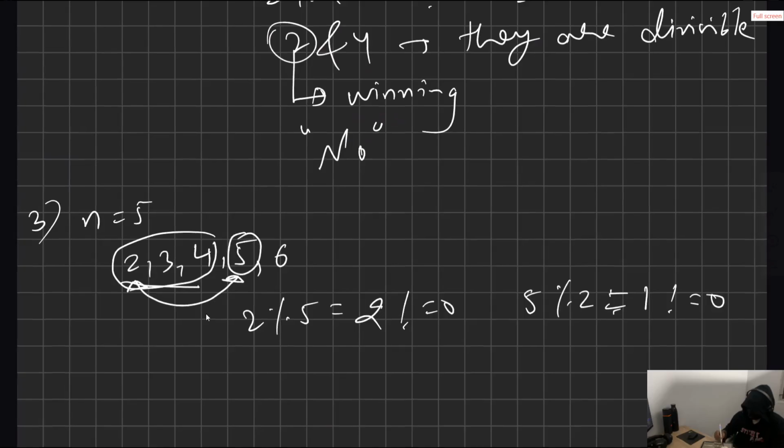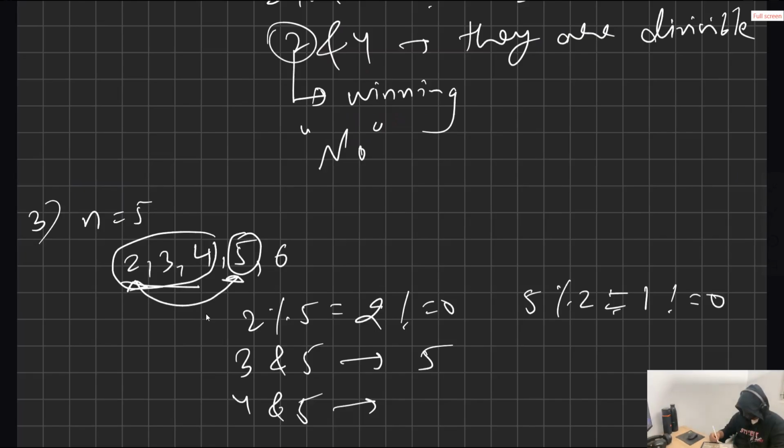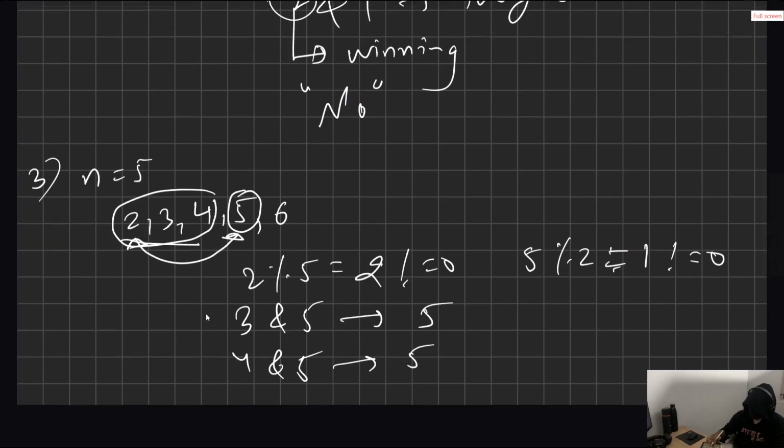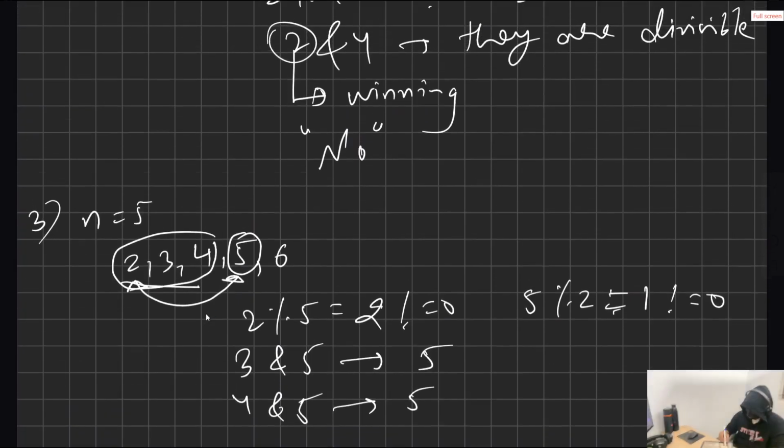Similarly, if you take 3 and 5, again they are not divisible by each other, so 5 is winning. And take 4 and 5, they are not divisible, so 5 is winning. Against all these three, 5 is winning, but let's check 5 and 6.